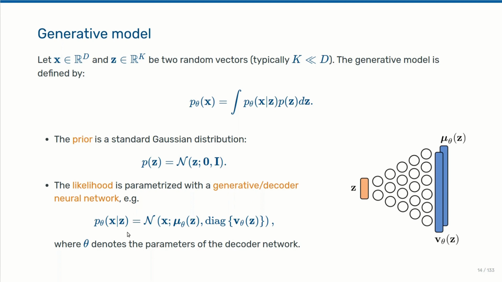More precisely, we assume that the likelihood is a normal distribution whose parameters, meaning the mean and the covariance matrix, are computed by the decoder.